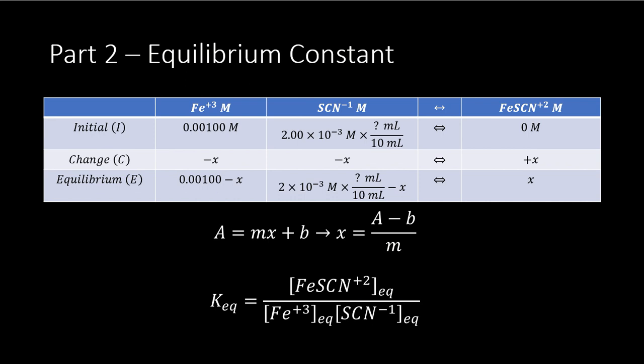And to get KEQ, all we need is the equilibrium concentration of our product complex divided by the product of the concentrations of our reactant ions, but specifically their equilibrium concentrations. And that should help us get to our equilibrium constants, dissociation constants for iron thiocyanate.